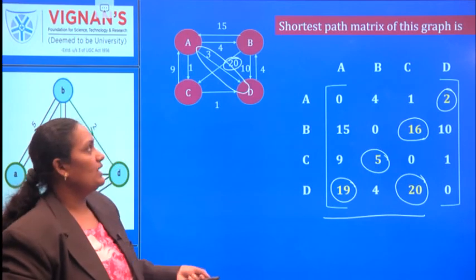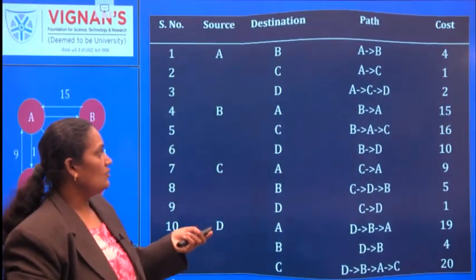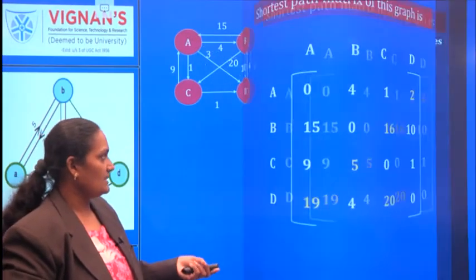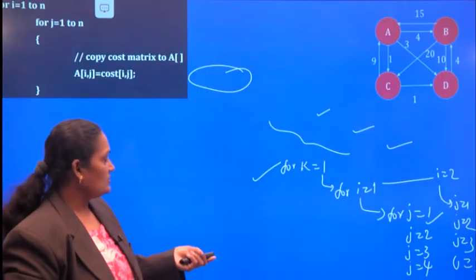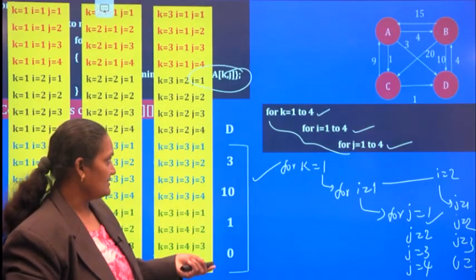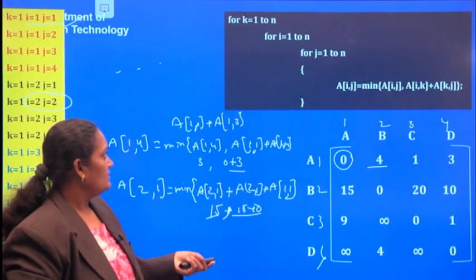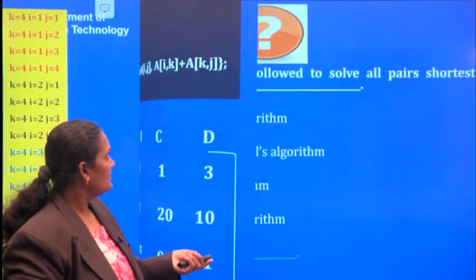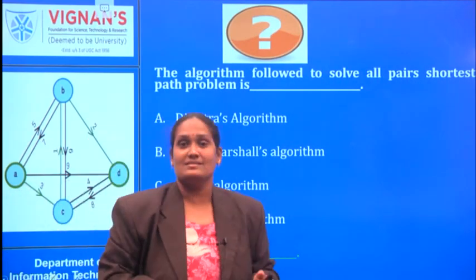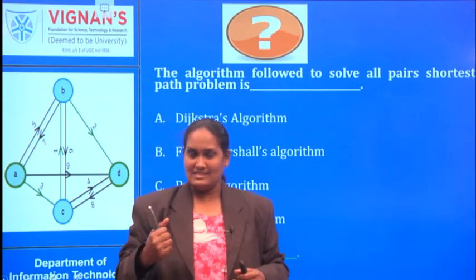I hope you all understood what is all pairs shortest path problem, what is the algorithm and how to solve this problem. Now I am going to summarize the concepts we explained in this session.